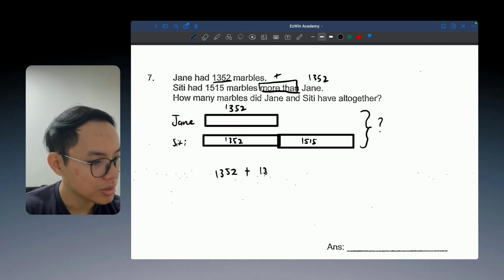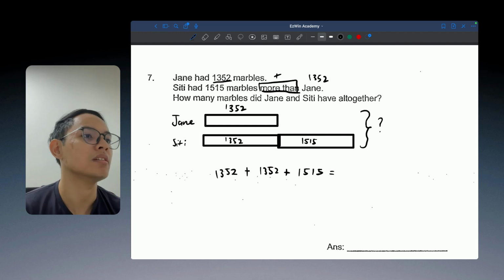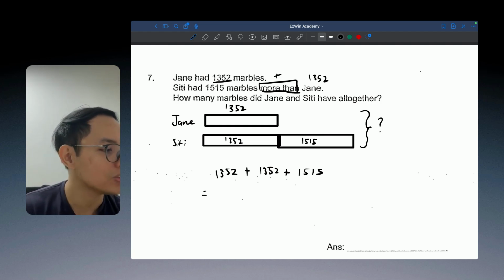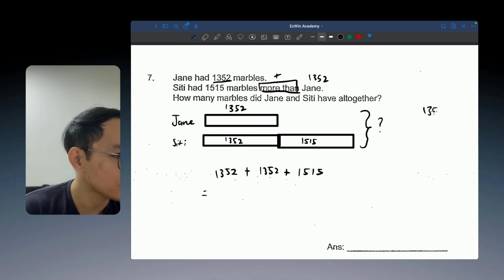Plus 1, 3, 5, 2 plus 1, 5, 1, 5. And what is it, right? So we can slowly break this down. Okay, so what we can do is we can just add 1, 3, 5, 2 plus 1, 3, 5, 2, right? If you can add all of them together, great. So let's go through the workings of 1, 3, 5, 2 plus 1, 3, 5, 2.